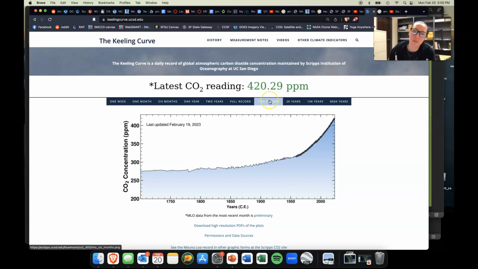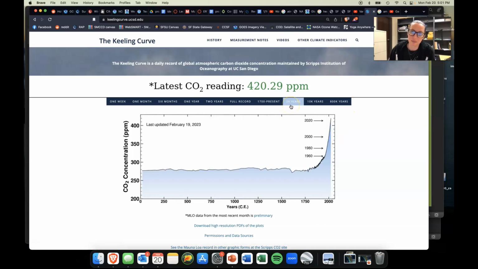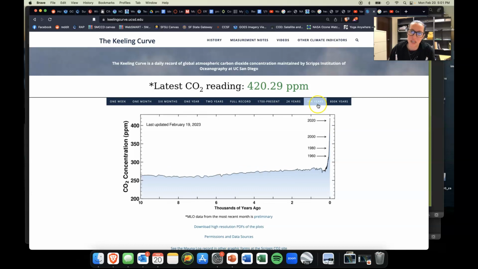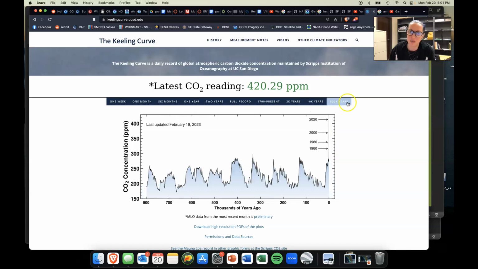And then we can also see 1700 to present, obviously a very stark increase there. The last 2,000 years, the last 10,000 years, and we can go even further to the past 800,000 years. So we're able to track this pretty dang accurately through ice core information from various parts of Antarctica, because the atmospheric concentrations are frozen in those air bubbles that are in the ice.